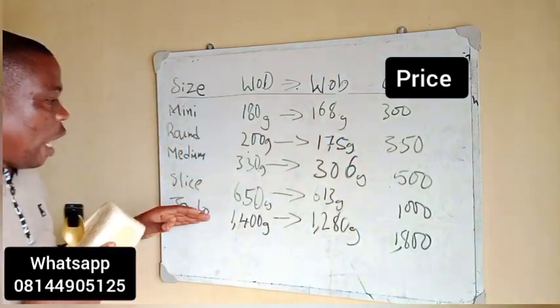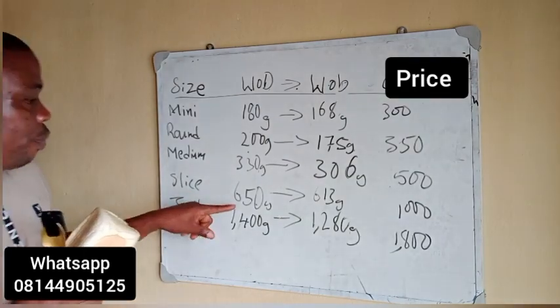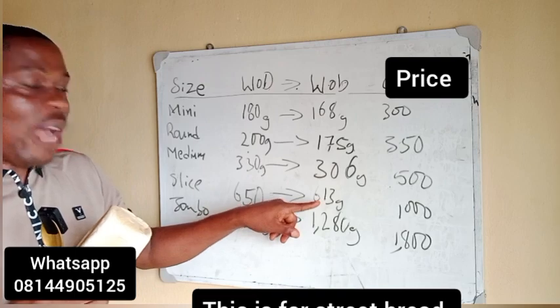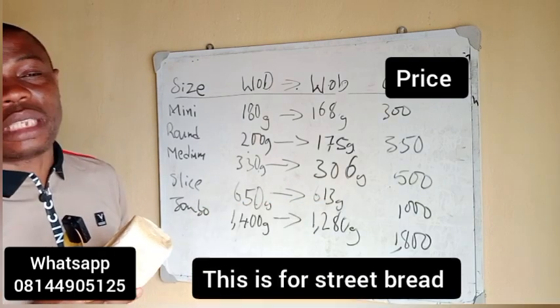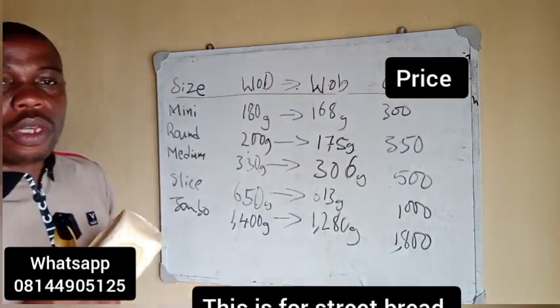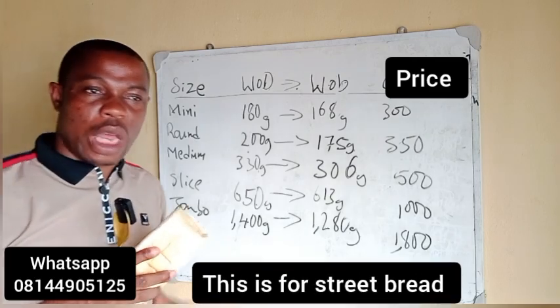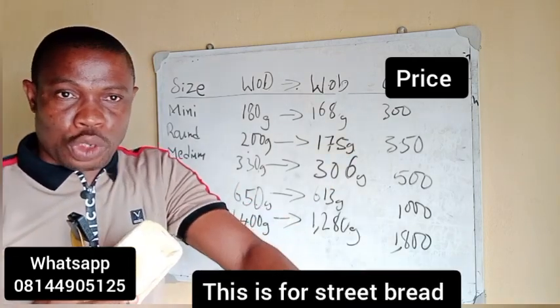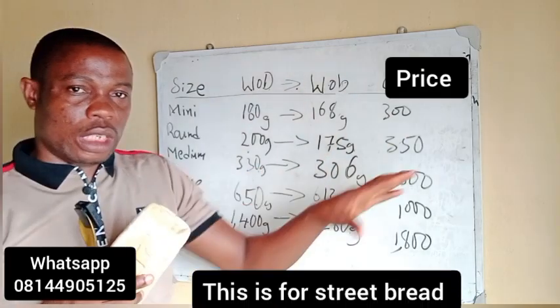Now, let's look at it further. If you weigh the sliced bread at 650 grams, after baking, it will reduce to 613 grams. And then you sell it at 1,000 naira. I told you I'm giving the lowest analysis based on street distribution, not superstore distribution.